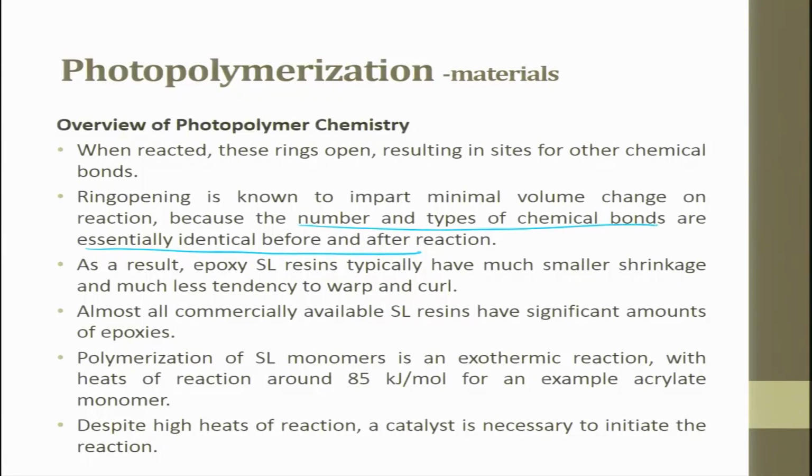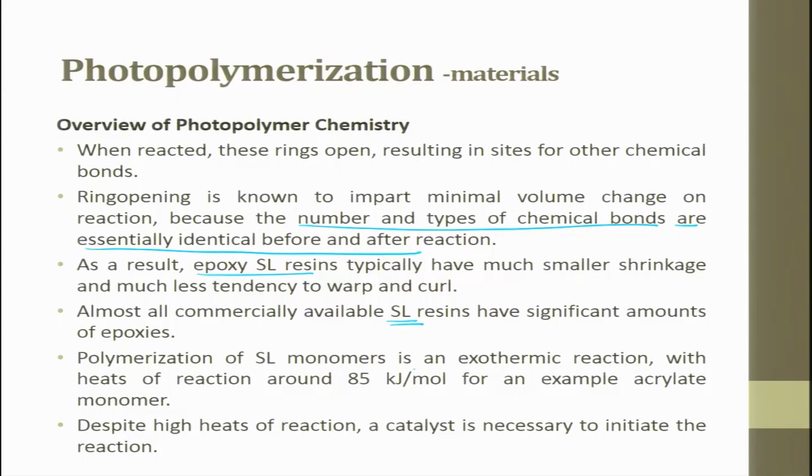Number and the type of chemical bonds are essentially identical before and after reaction. As a result, epoxy SL resins typically have much smaller shrinkage and much less tendency to warp and curl. Almost all commercially available SL resins have significant amounts of epoxies.